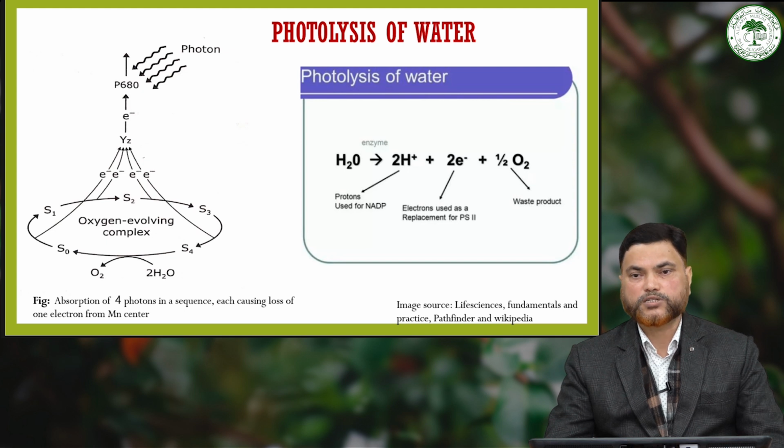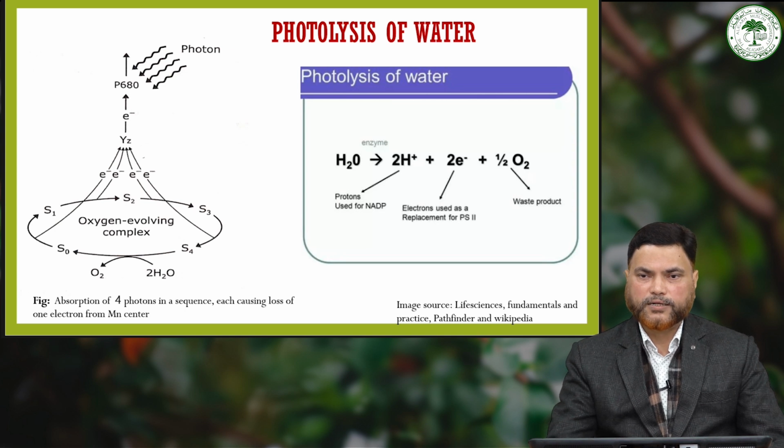So, this is positively charged P680, and P680 serves as a strong oxidizing agent that needs to be re-reduced and thus attracts an electron from an electron donor so that it regenerates the original P680.